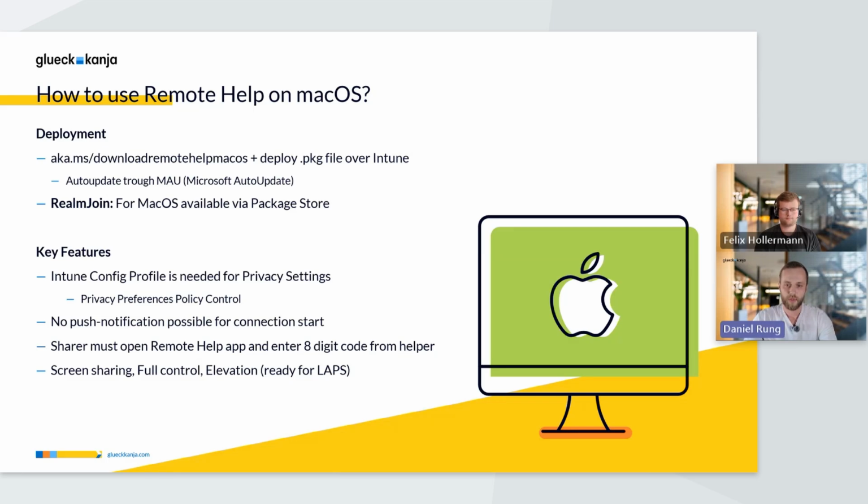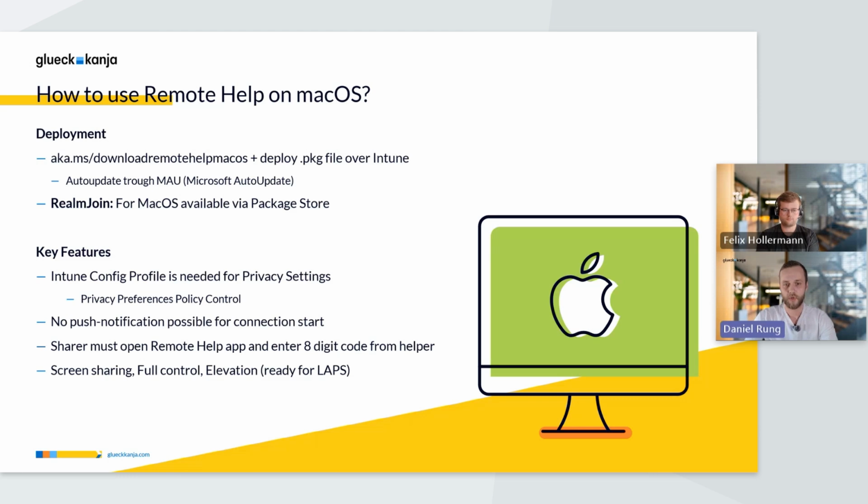Key features under macOS: for data privacy, you need to set screen sharing options on the devices, so Remote Help has the permissions to screen share your device. Currently, there's no push notification on the macOS device.